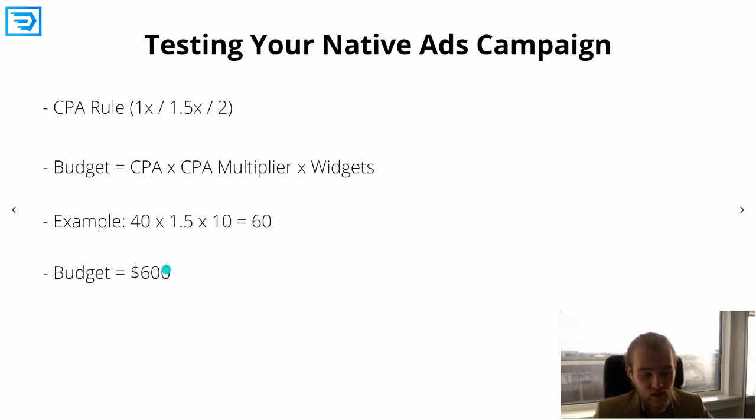Okay, so there it should be 60, right? So 40 payout times CPA rule, 1.5, times amounts of widgets, 10, is 60. No, that should be 600. Right, that should be 600. So CPA times CPA multiplier times widgets. All right, so that is how you calculate your budget.